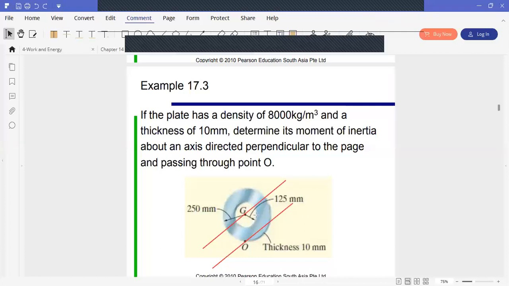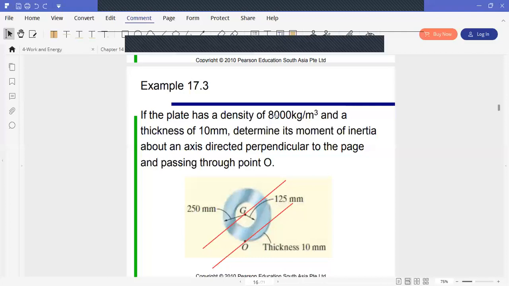Now for the small disk, I do the same procedure. I calculate its volume: the thickness times pi r squared. Sorry guys, the small radius is 0.125 and the big radius is 0.25. So for the small disk, I do pi times 0.125 square times the thickness to find the volume.